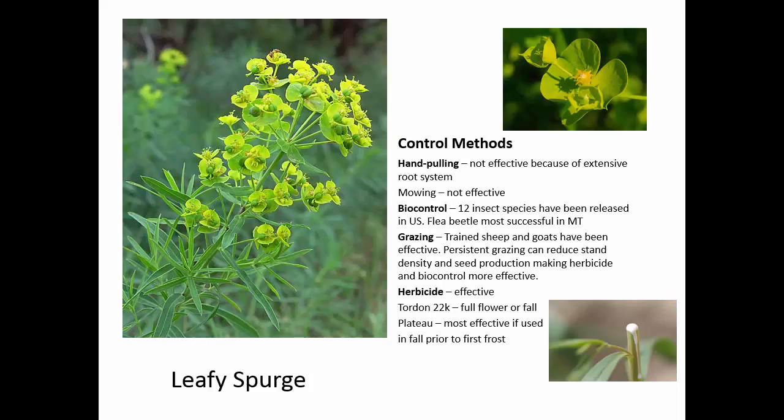The only problem I have is it grows under trees. Yes. If I use Plateau, will it stay in the ground and kill my trees? I think Plateau will affect your trees, yes. So the rule of thumb with trees is to stay the hell away from them with your herbicides.